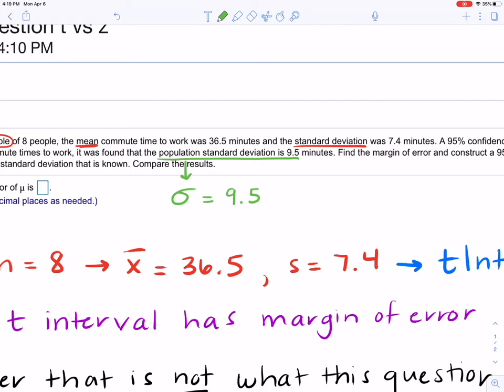Now again, when you look at your standard deviation, that's what tells you if you're going to use T or if you're going to use Z. So if I just know the standard deviation for the sample, then I'm going to construct using T. That's what they did. But now, if I know the standard deviation for the whole population, then I should be using a Z interval using the standard normal distribution, not the T. And that interval is what they want me to find the margin of error for.